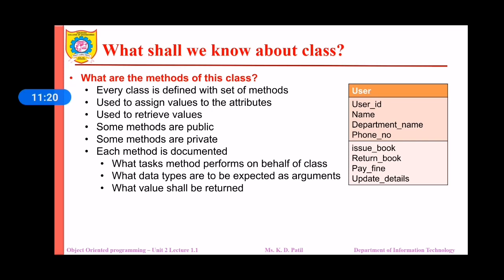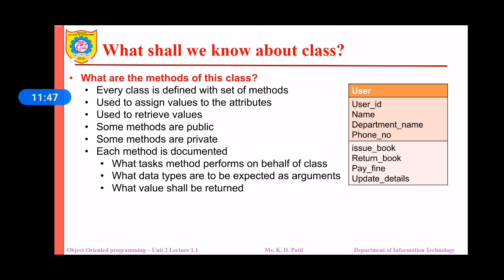So every class is defined with a set of methods, which are also used to assign values to the attributes, and we should know what the different methods are and why they are used. Some methods in the class are private and some are public. We must know which method is private and which is public.